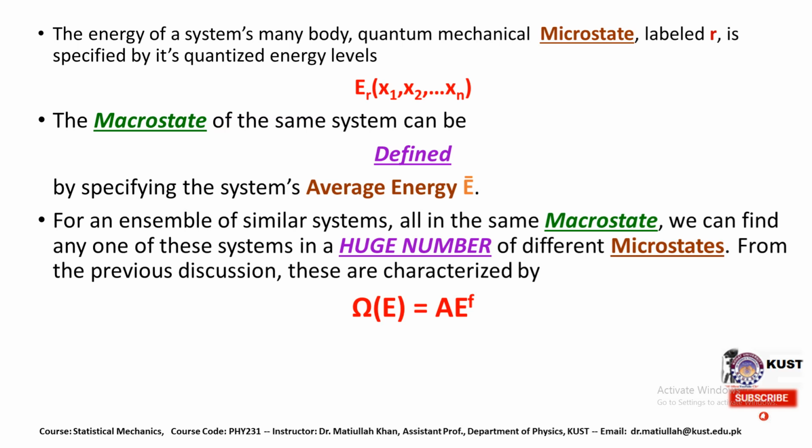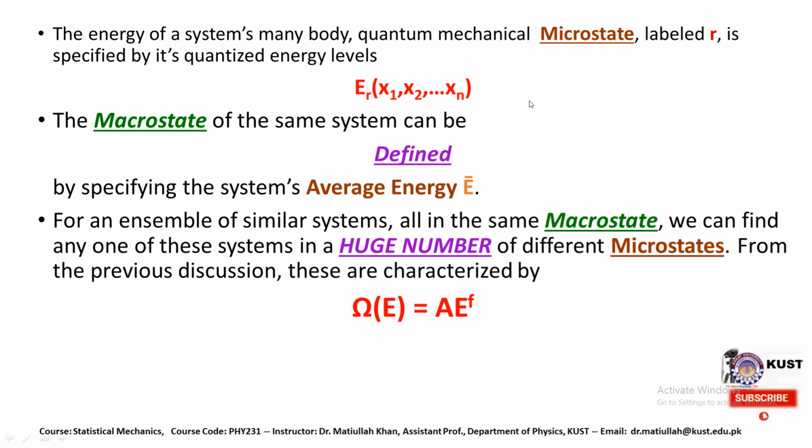So for the many-body system, the quantum mechanical microstate that is labeled as R is specified by its quantized energy levels. As we know, any particular microstate could be represented by ER, and ER has fixed external parameters, so we can represent it as ER(x1, x2 up till xn).